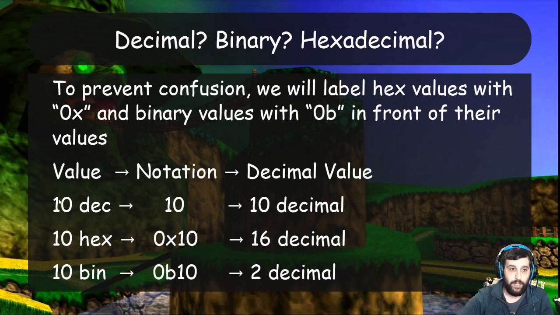So if I look at 10 in decimal, it is just 10. You guys are aware of that. Now if I have 10 in hex, we're going to show it as 0x10, which would end up being 16 in decimal. And if we have 10 in binary, we're going to say it's 0b10, which is 2 in decimal.